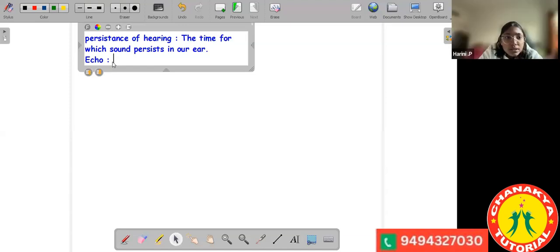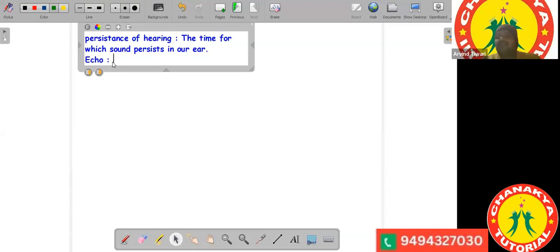Isn't it 1/16th of a second? Yeah, for sight it is 1/16th of a second, and for sound it is 1/10th of a second.